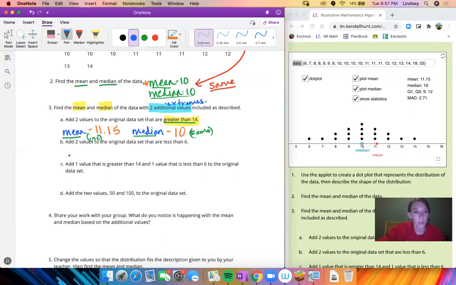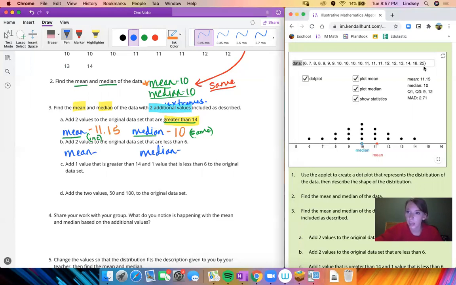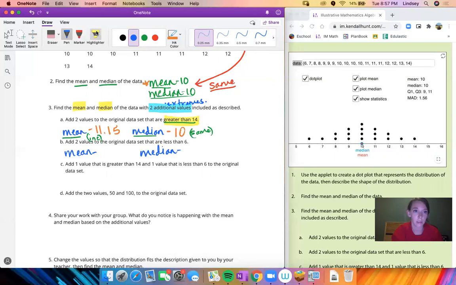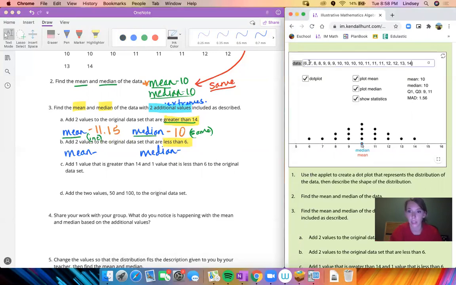So once again, we're going to do our mean and our median. All right, I'm going to take these values out. Okay, make it go back. And this time, it's wanting us to add two values that are less than 6. Okay, so I'm going to go in there and add them on to the end.